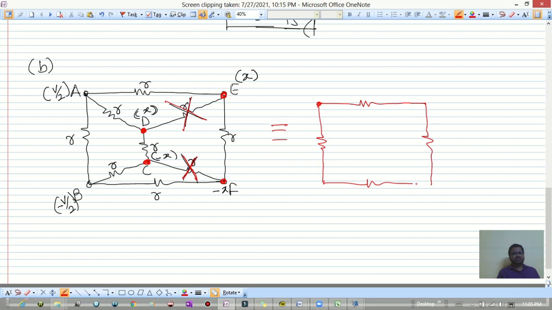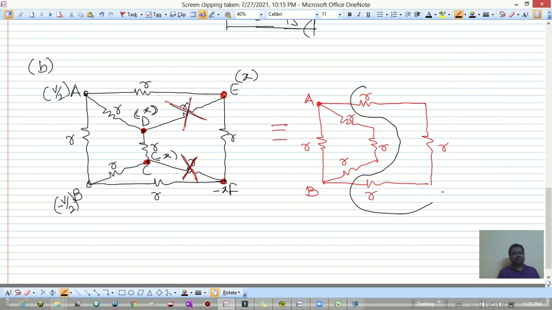Now this circuit you all can easily solve. What is there in this circuit now? This is R, this is R, this is R, this is R, this is R. All are R. Now what is there? Nothing, isn't it? These three resistances are in series, so it is 3R.